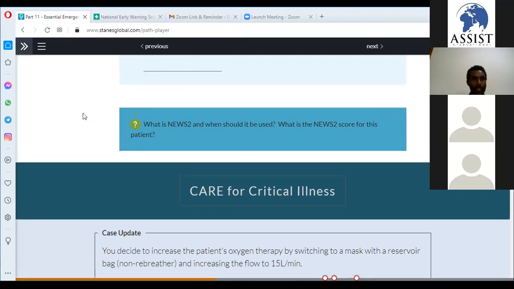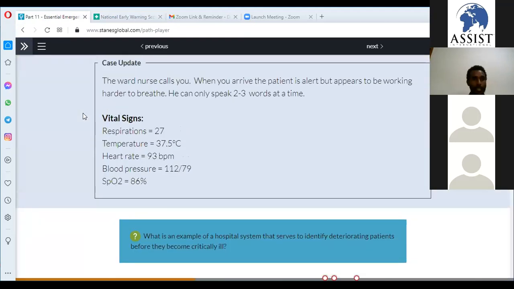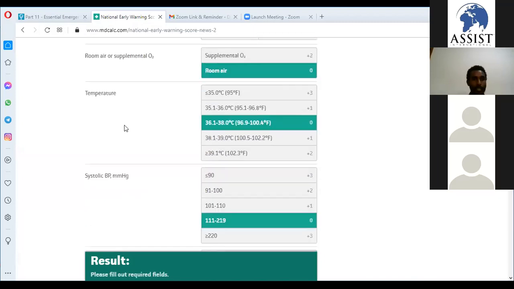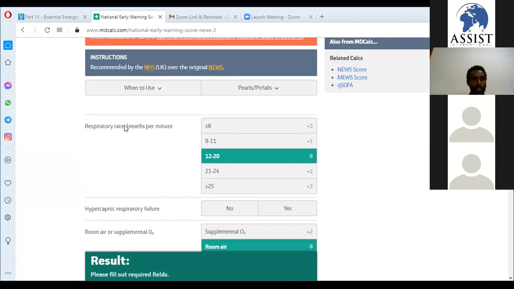Remember, the vital signs of our patient are given here. The respiratory rate is 27, temperature 37, heart rate 93, and BP, as you can see, saturation 86. So let's see on this scoring system. The patient's respiratory rate is +2, I mean +3.